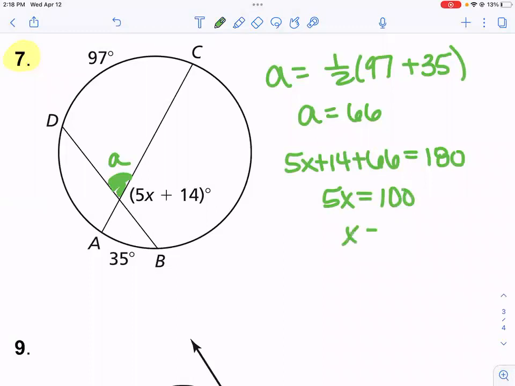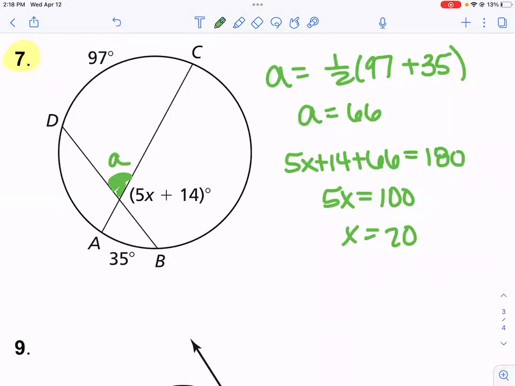I did 97 plus 35 and then subtracted that from 180 to get the sum of these two, and then cut it in half. So you need to do 360, not 180. So 97 plus 35, take that away from 360, and that's what these two add up to. And then you cut it in half.